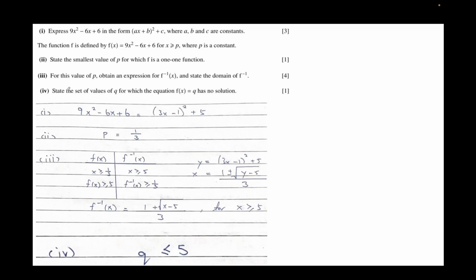Part 3. Remember for these rules, whenever you're dealing with inverse functions, 4 marks, you know what to do. You need to create the table. The table over here, it's very easy to do because you just start off with f of x, inverse f of x like this.